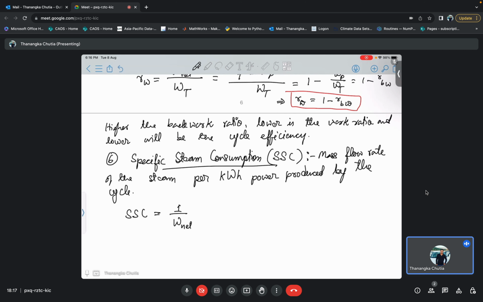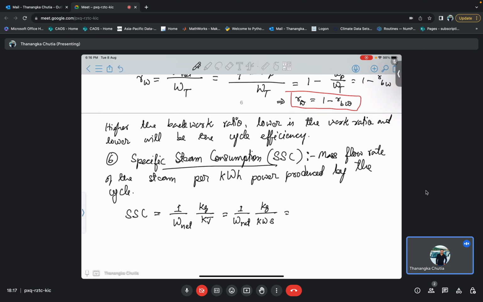So this will be your kg per kilojoule. I can write this as 1 by W net, kg per kilowatt second.